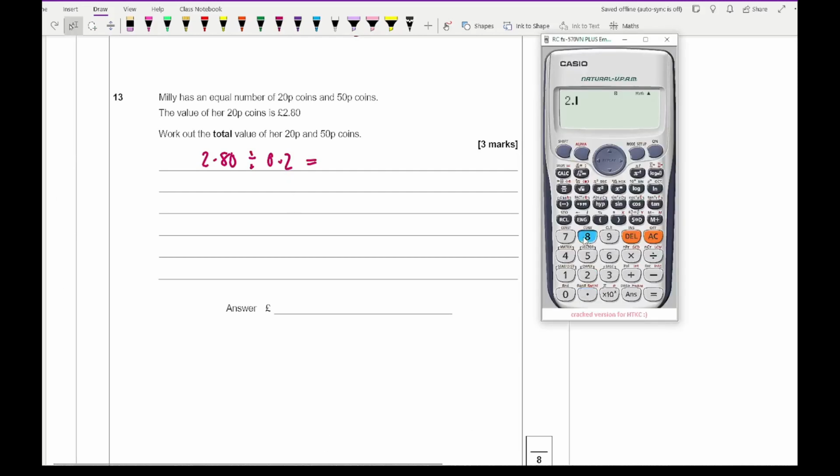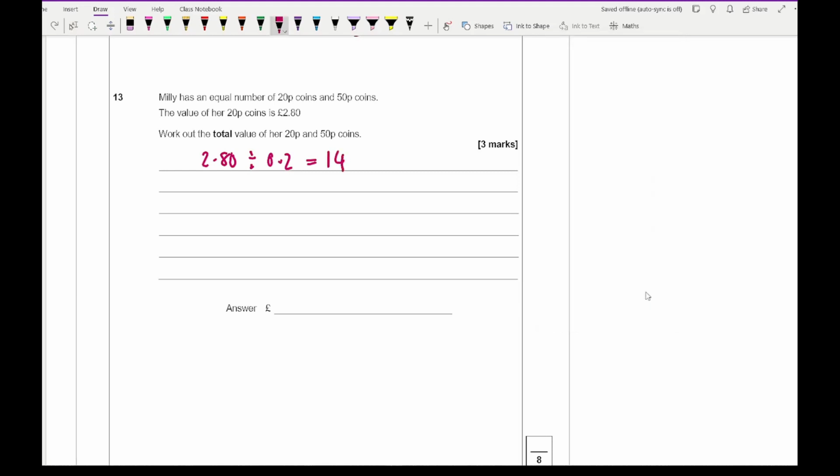So 2.8 divided by 0.2 equals 14 coins. So 14 times 0.5 is going to be £7. So in terms of the total amount, I've just got to add those two numbers up. So it's going to be 7 plus £2.80, which is £9.80.